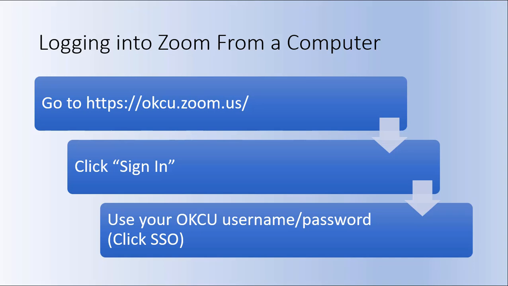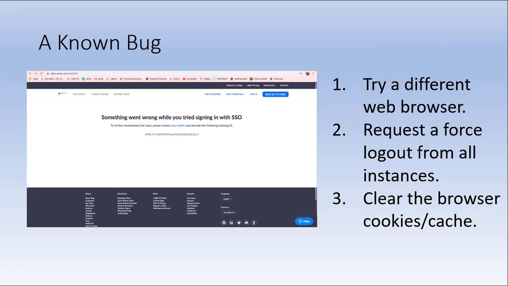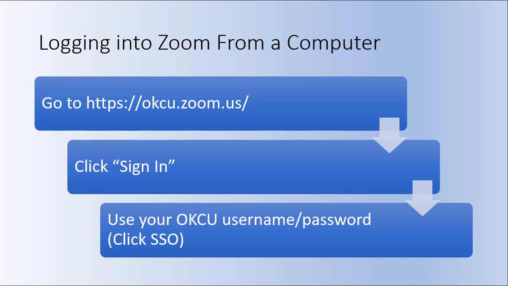We recommend using Chrome or Firefox, but the other web browsers, Safari, Edge, should work as well. When you first log in, you may be prompted to download and run Zoom if you haven't ever done that before. So just be prepared to know where your downloads folder is located and be able to open up and run a file from there. It only takes about a minute for all of that to happen, and you'll be good to go.